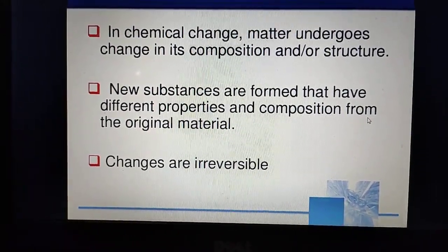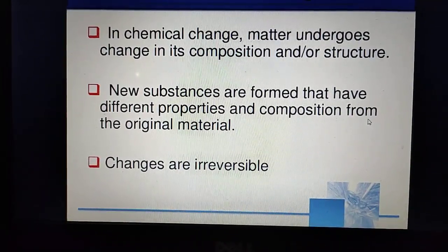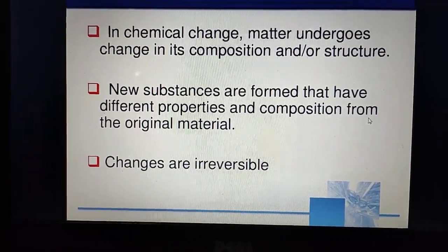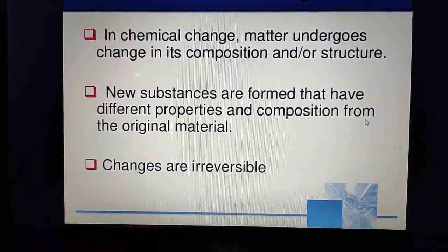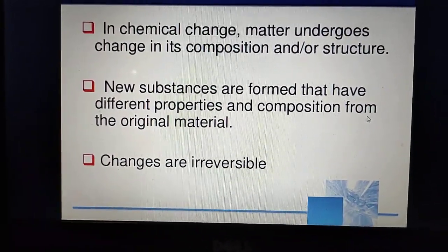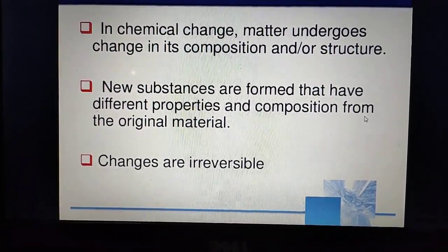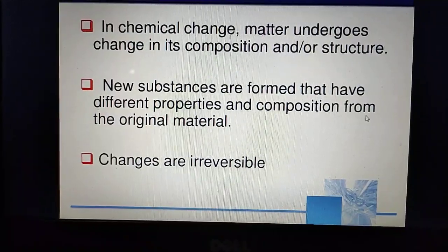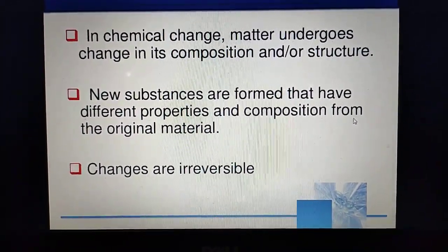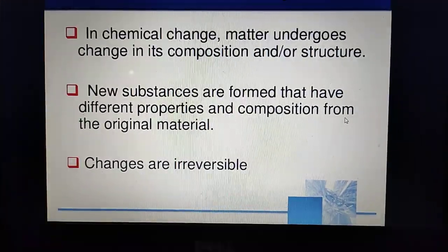Like if you burn coal, once the coal is burnt, whatever substances are formed have different properties. So the original material and the material formed after burning are both different. In that case, new substances are formed and chemical change occurs.